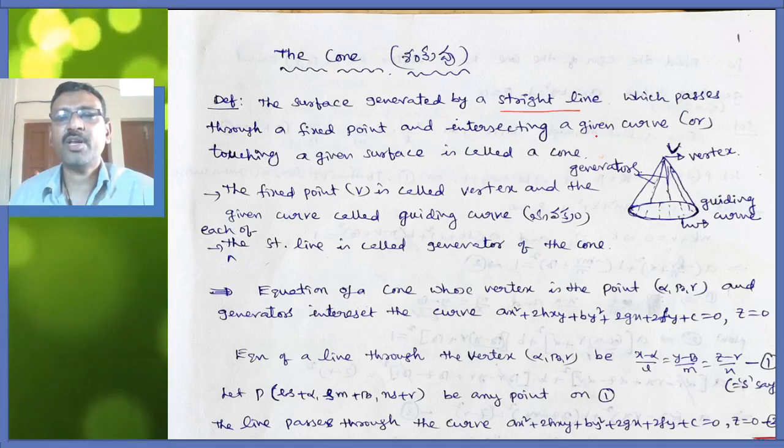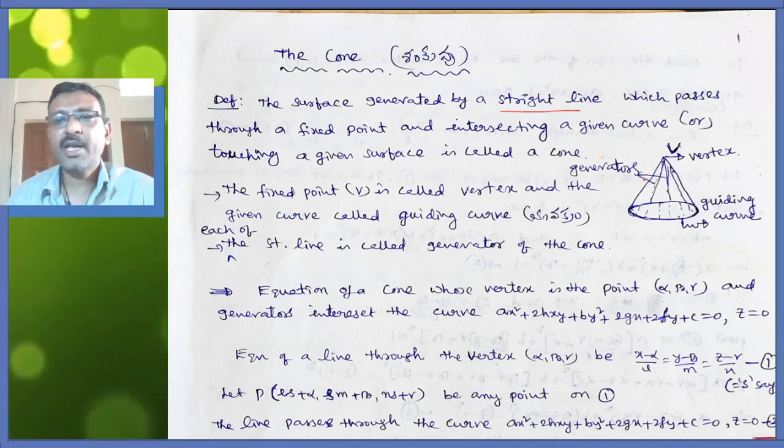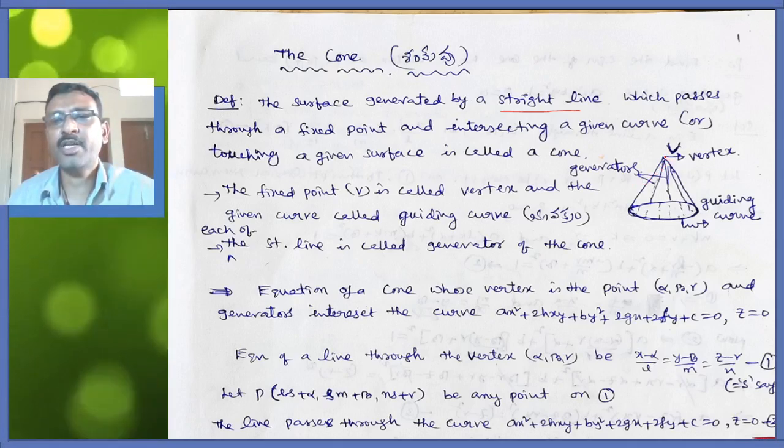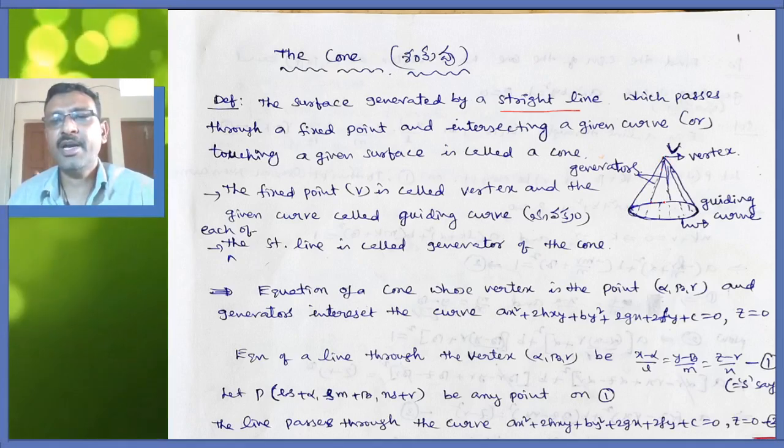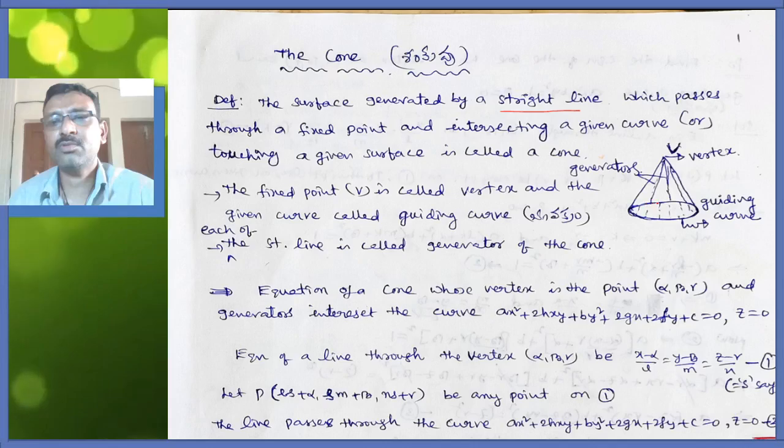This is a formal definition. The straight lines are called generators. The fixed point is called the vertex, and the given curve is the guiding curve or base curve.